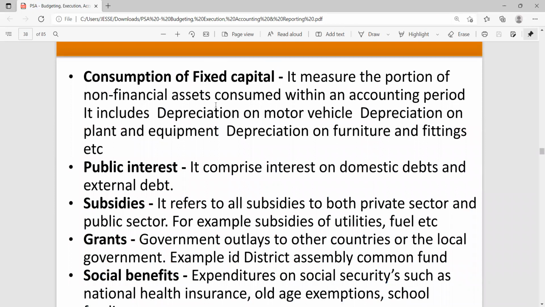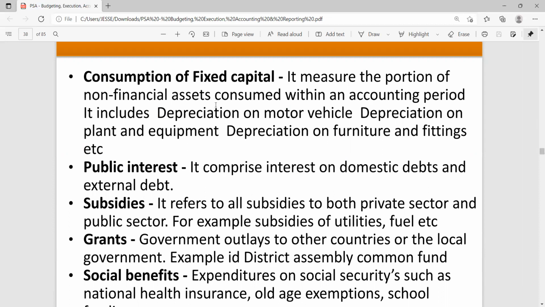Then we have consumption of fixed capital. What does this mean? It basically measures the portion of non-financial assets consumed within an accounting period. So you have a non-financial asset, let's say plant and equipment.